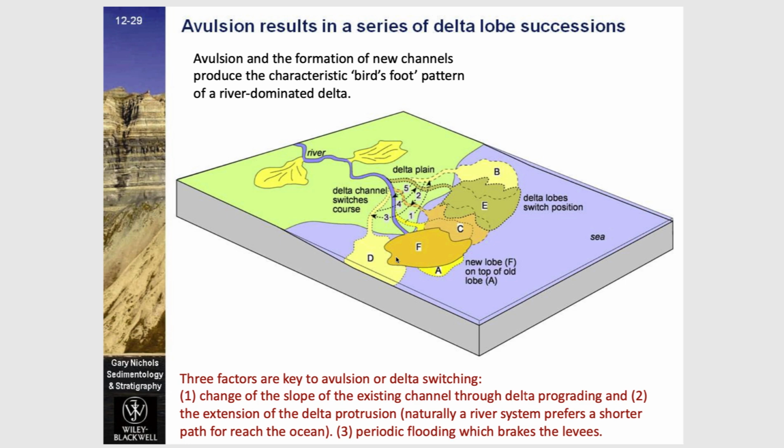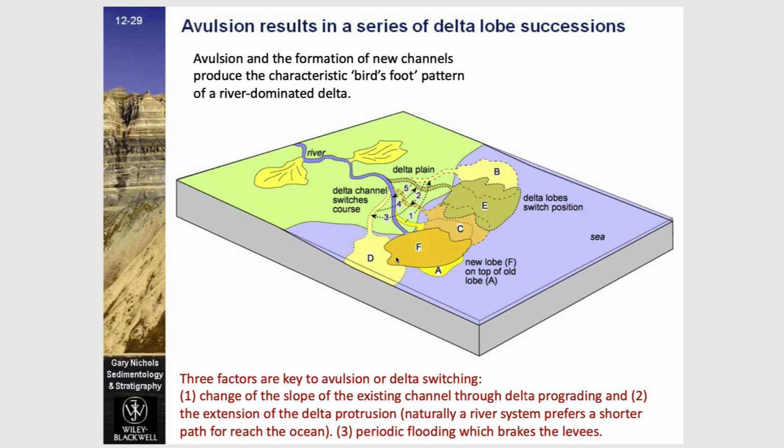In some cases, meandering rivers, as we saw, can change their course. This will result in avulsion, which is basically the development of multiple delta lobes in the context of this type of depositional system. Many times there are three factors that are key to the avulsion of deltas.